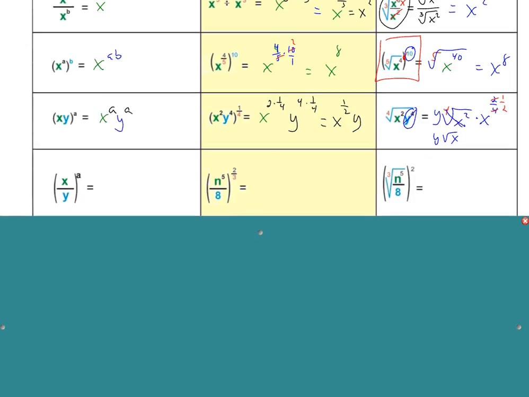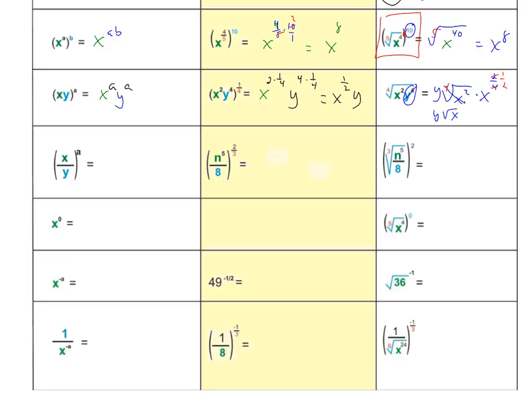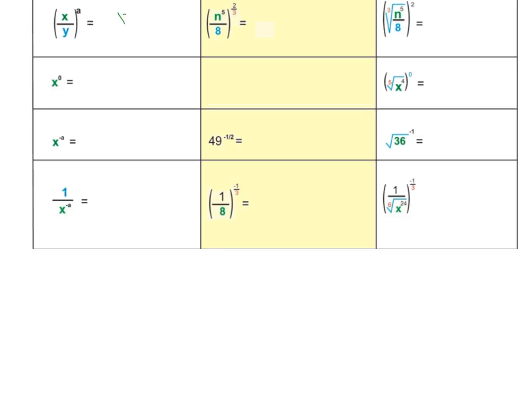Okay, next rule. Let me go to the top and get there. Okay, so next one, if you remember, you can split this up. This is x to the a in the numerator divided by y to the a in the denominator, right?